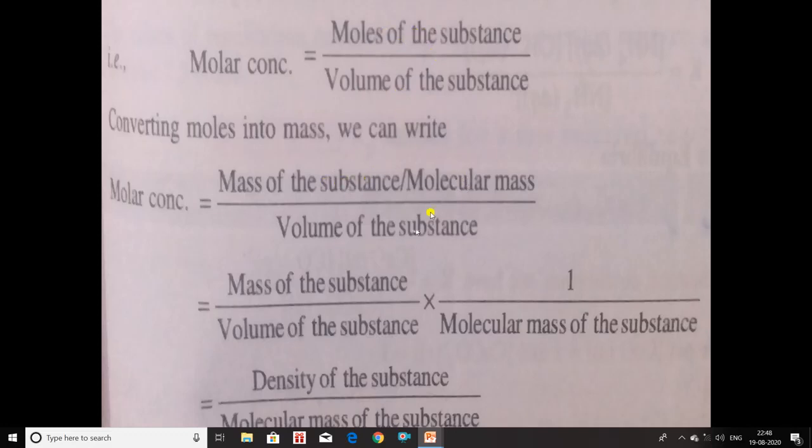When you rearrange it, you can write it as mass by volume into 1 by molecular mass. Mass by volume is equal to density, so density by molecular mass. Now for a solid substance and a liquid which are present in excess amount, density is constant and molecular mass is also fixed. It is also constant. That is why we can ignore solids and pure liquids.